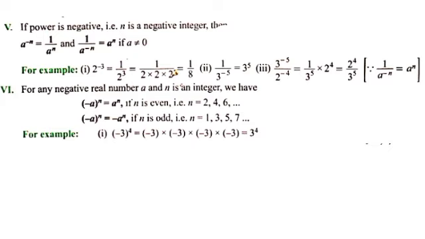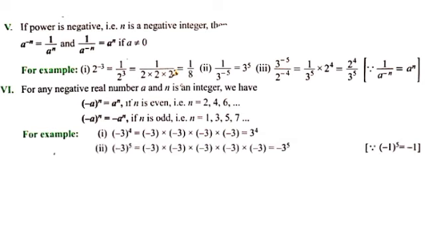Only if the exponent outside the bracket belongs to every term or expression inside the bracket will this rule be applied. (-3)^5 is equal to -3 × -3 × -3 × -3 × -3, which is equal to -3^5. Here, just because the exponent is an odd number, this rule cannot be applied. This rule can only be applied if the exponent is an even number.